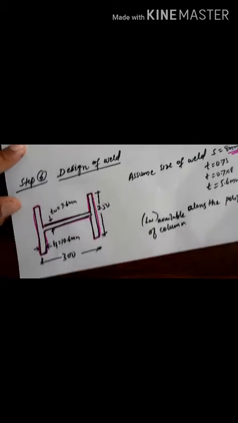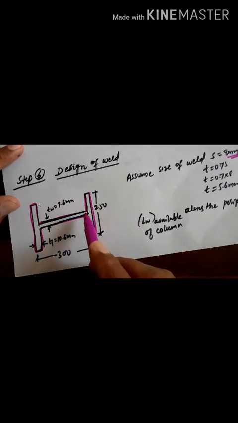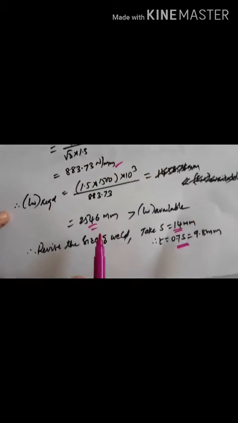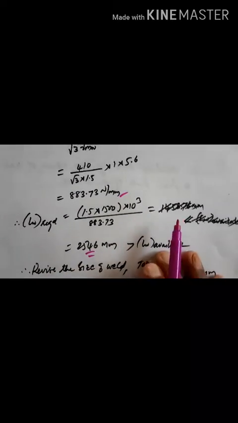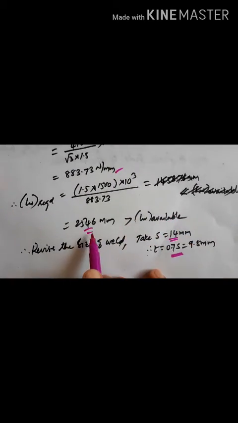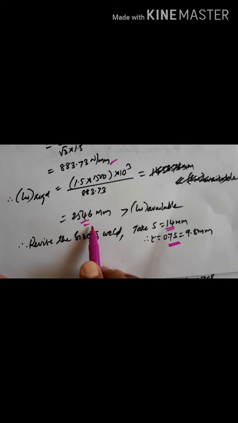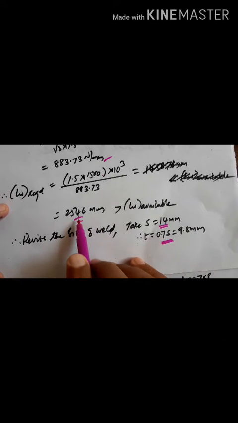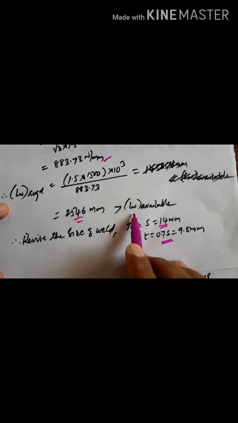First I need to calculate what is the length available for the weld. For the available length, what is the required length of the weld I need to calculate. I got the required length this much for 8 mm size of the weld. Since it was insufficient, the required length was more and the available length was less.